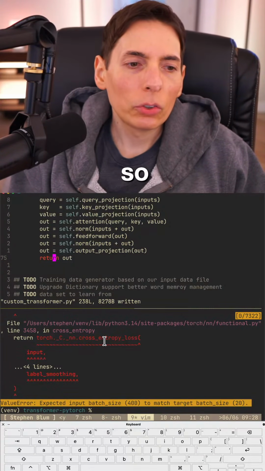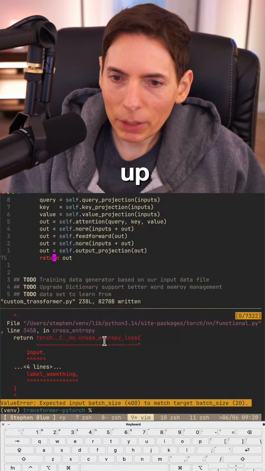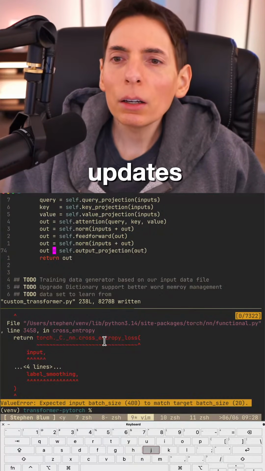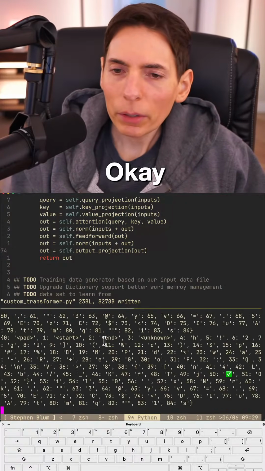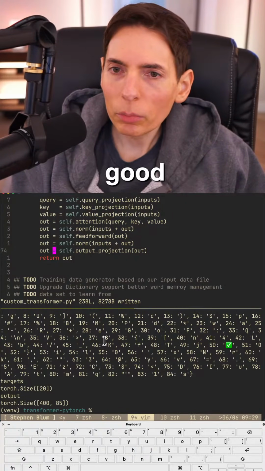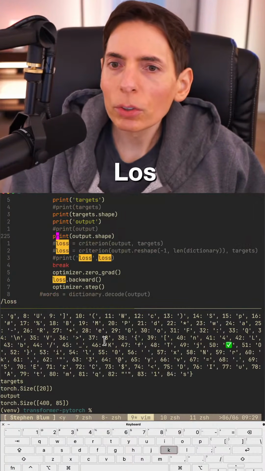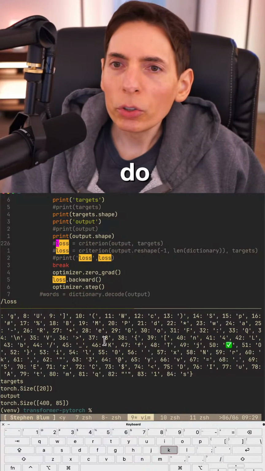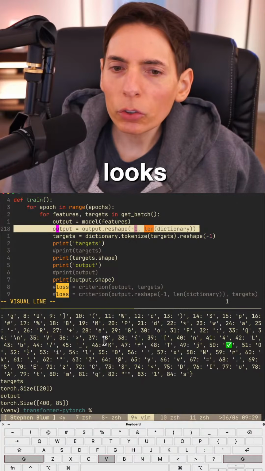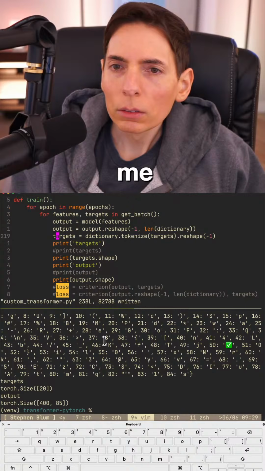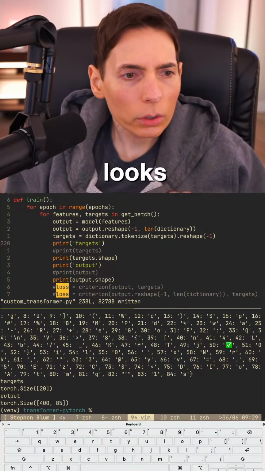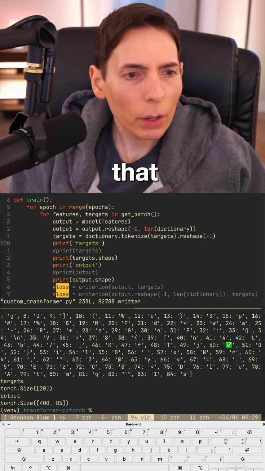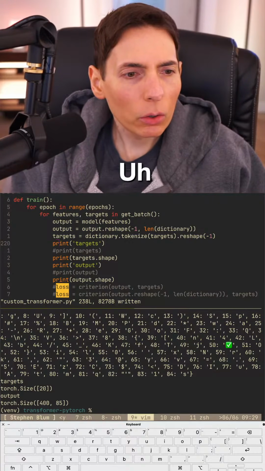Okay. So where else do I need to make updates? Let me see. Yeah. Okay. Python transformer. Looks good to me. Back down to loss. Okay. So we do a feed forward here. That looks good to me. All right. Projection looks good. Don't need to worry about that.